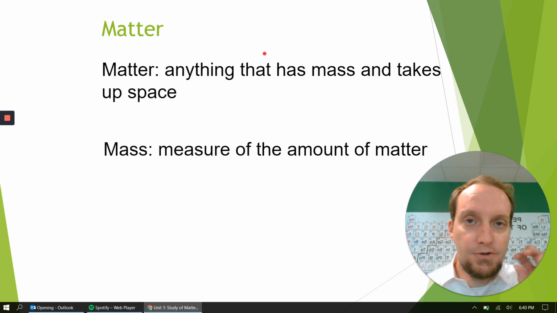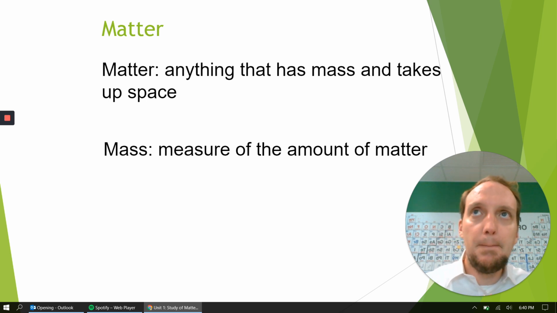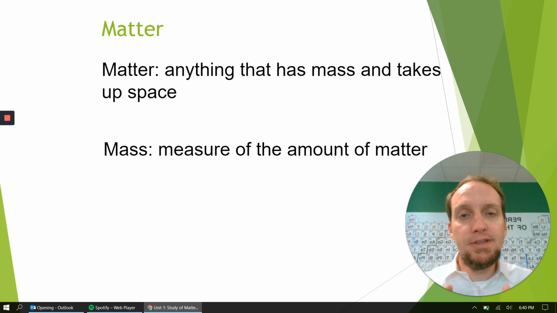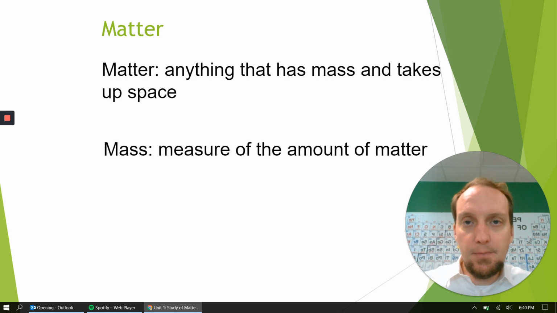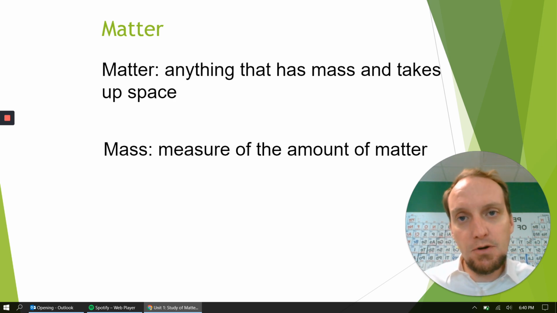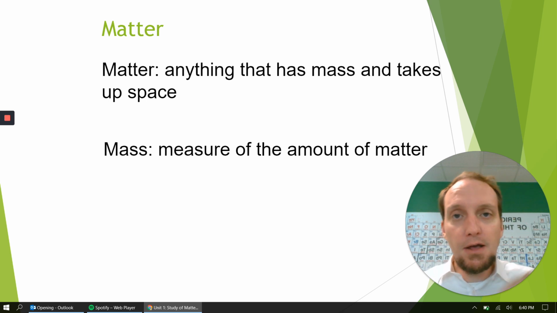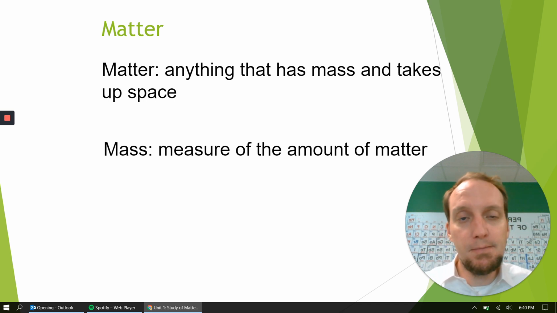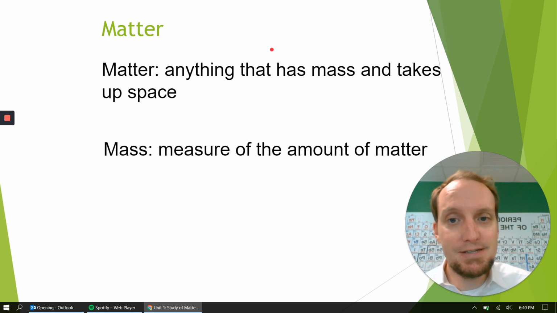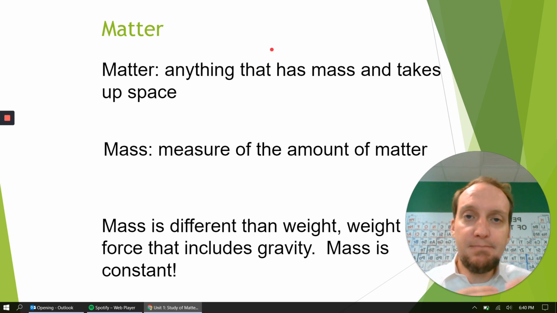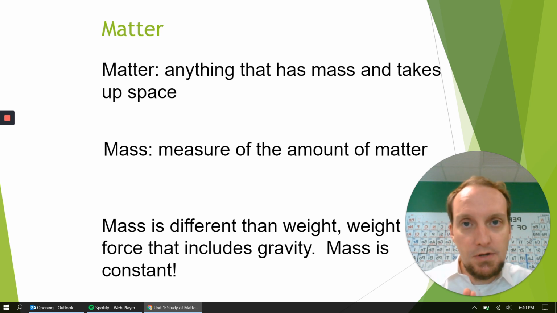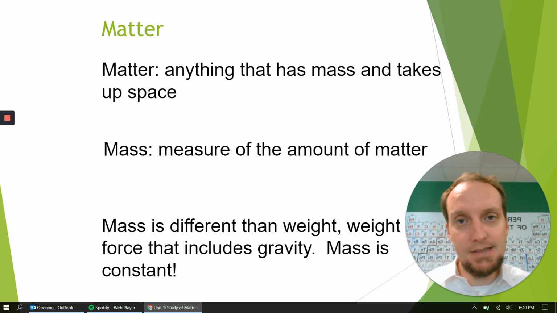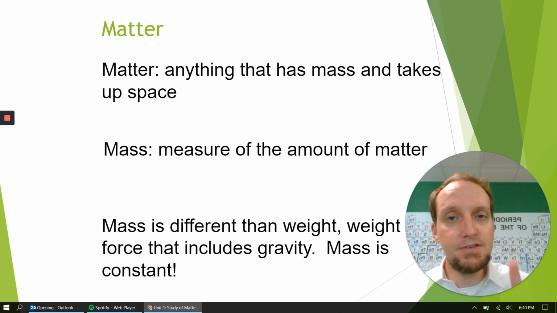Now, there's a difference between weight and mass. Mass is the amount of matter that you contain. For example, our bodies contain a certain amount of mass. When I stand on a scale and weigh myself, I'm not really measuring my mass. I'm measuring my weight. Weight is the amount of mass you have relative to the amount of gravity. If I'm on the moon, I'm going to weigh significantly less, but I will still have the same amount of mass.